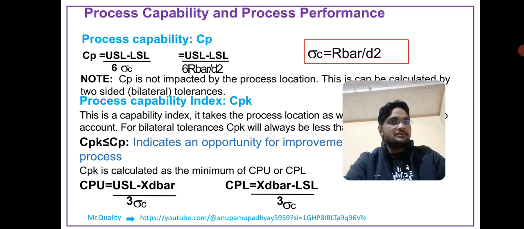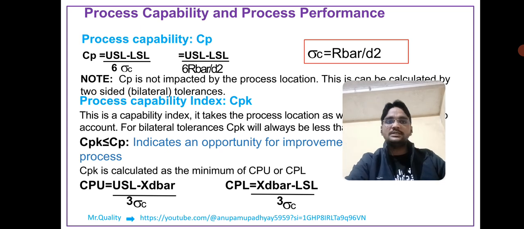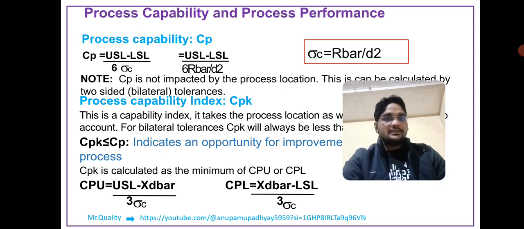C is capability, P is process. The formula is USL, upper specification limit, minus LSL, lower specification limit, divided by 6 sigma c. Sigma c is the within standard deviation, meaning within-subgroup variation, and it equals R bar by d2.